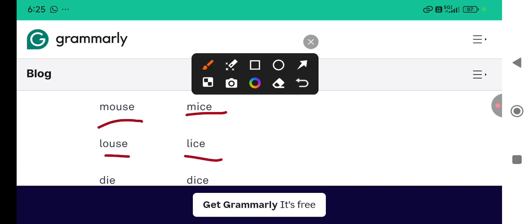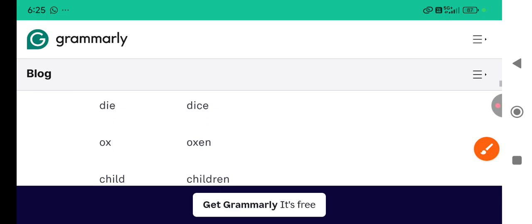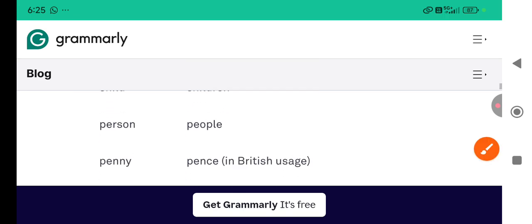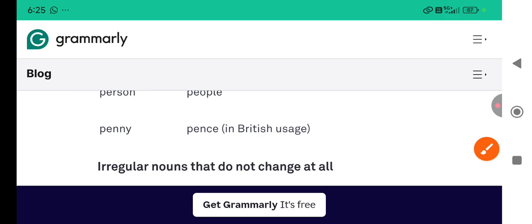Louse, lice. The plural starts with the same letter but changes fully. Die, dice. Ox, oxen. Child, children. Person, people. Penny, pence.